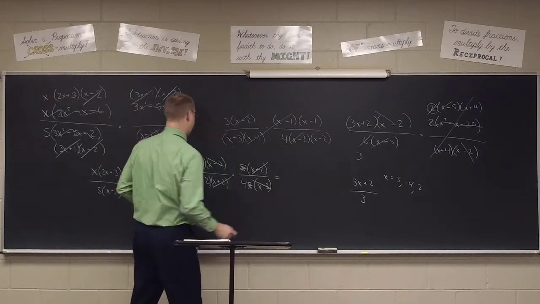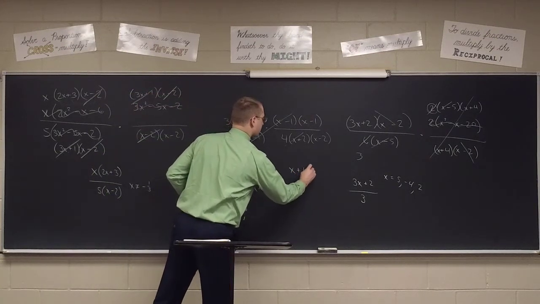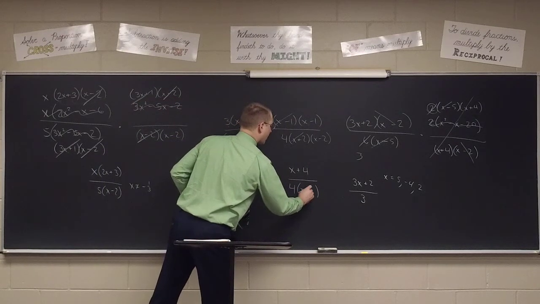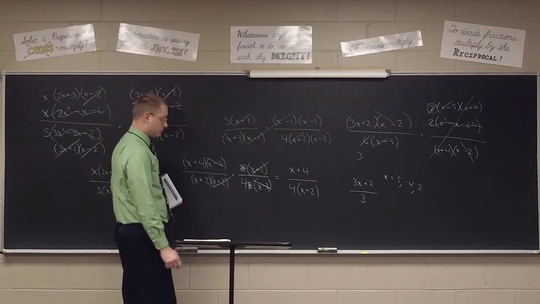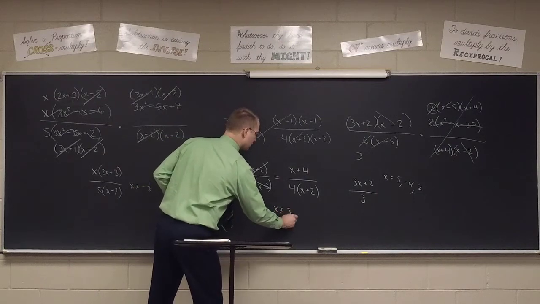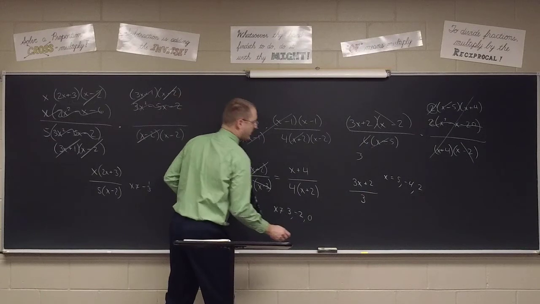All right, so what should have been our answer? X positive 4 over 4 times x positive 2. All right, and then what are my excluded values? I got 1, 2, 3 of them. X positive 3, negative 2. There we go, and that should have been our answer there.